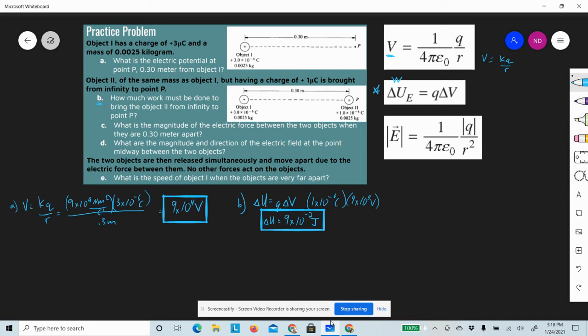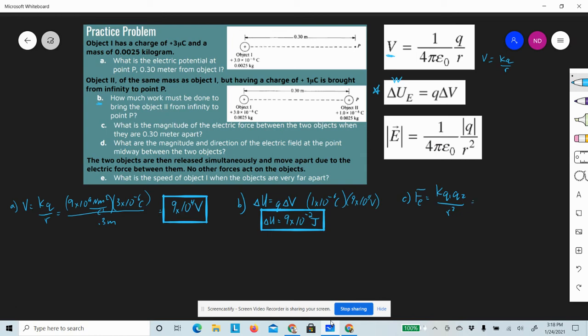That's B. C, what's the magnitude of the electrostatic force between them? The electrostatic force. I don't have this equation up there, but you probably remember it. It's so close to the gravitational force equation. Fe equals K Q1 Q2 over R squared.